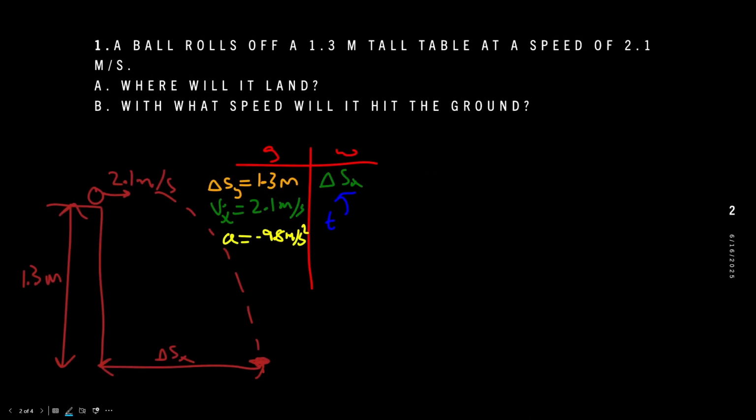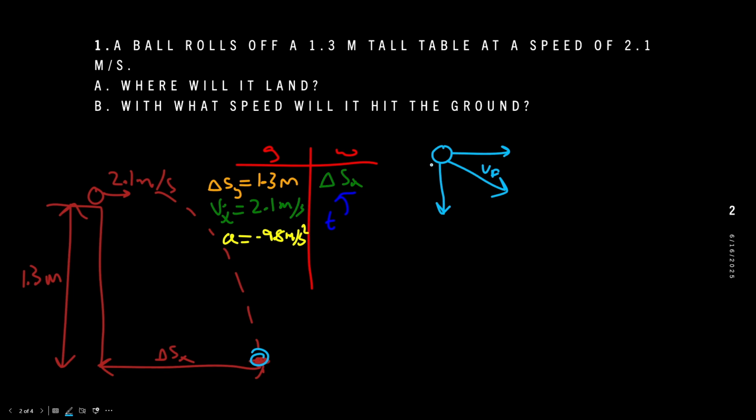So for the second part of the problem, with what speed will it hit the ground? So to solve this, we need to draw another little picture. So at the end of its motion, the ball is going to be down here. So we could show the ball and then draw all the components of its speed. So the horizontal component, the vertical component, and then the net component, which is just VF.